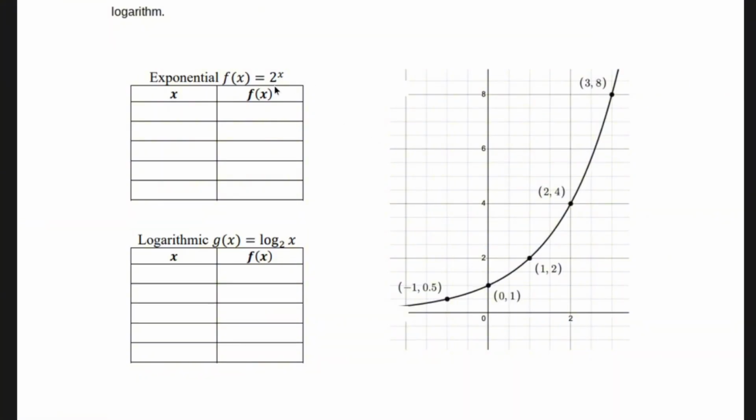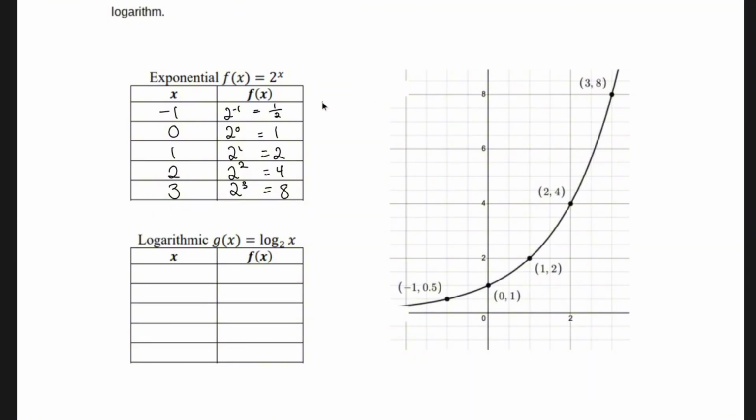Okay, so exponential form is f of x equals 2 to the x. So let's kind of do what we did here. This is exponential form. Let's plug in our numbers: -1, 0, 1, 2, 3. So 2 to the -1 is 1 over 2, right? 2 to the 0 is 1. 2 to the first is 2. 2 squared is 4. 2 cubed is 8.